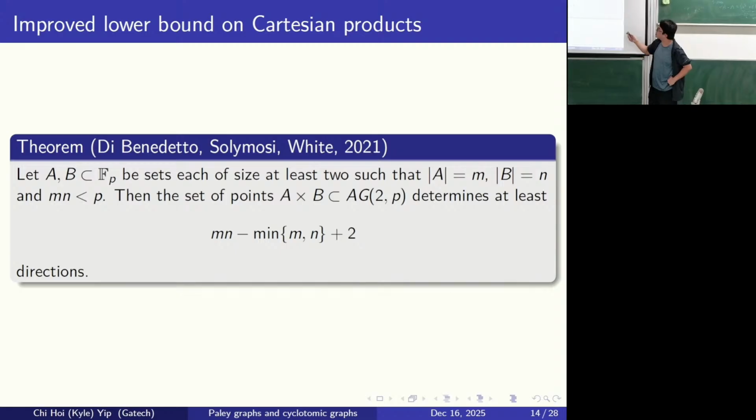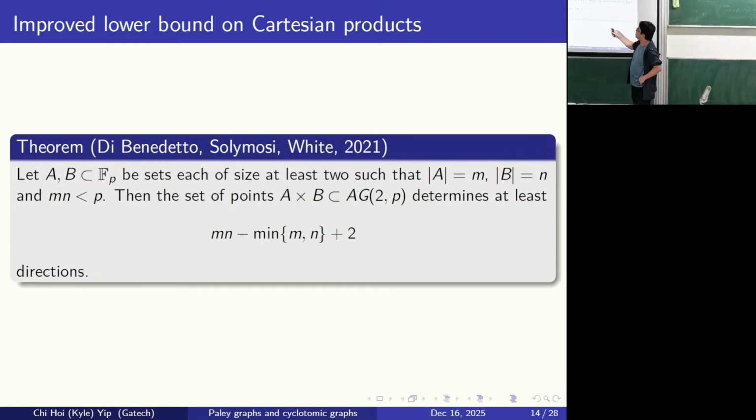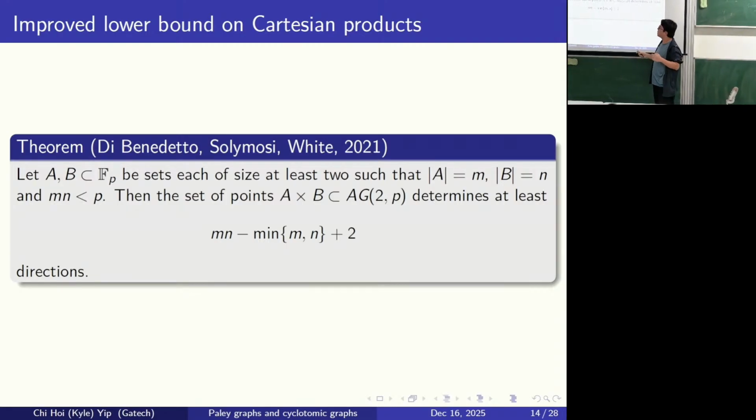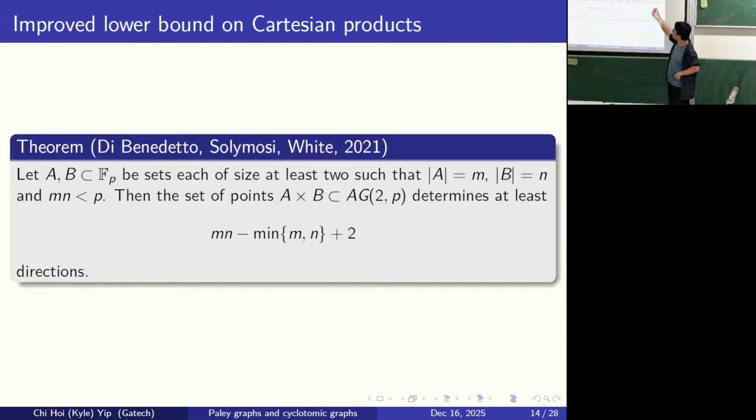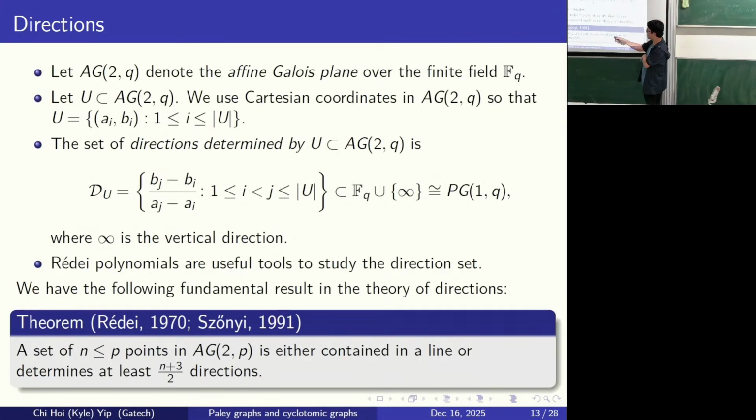What they prove is that if our point set is a Cartesian product, then the number of directions is roughly the size of the Cartesian product. So this improves this bound by a factor of 2, because it essentially says that if we have a Cartesian product, then the number of directions determined by this point set is at least the number of points in the point set.